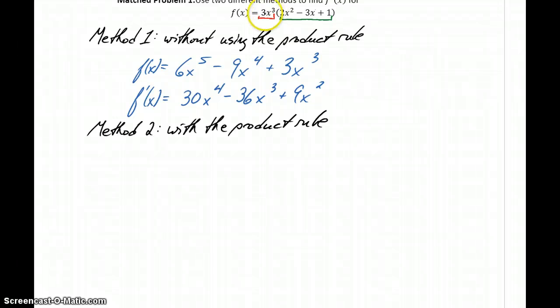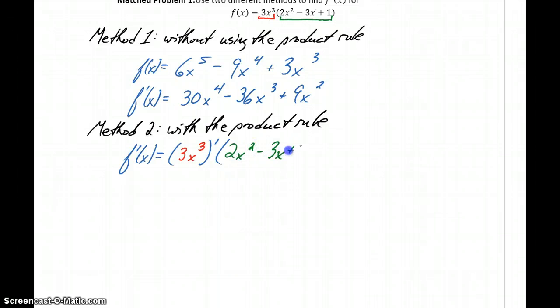So we have our function f of x, which is 3x cubed times 2x squared minus 3x plus 1. So we've got our two functions. The derivative of this function, using the product rule, will be the derivative of our first function, 3x cubed, times the second function, plus the first function times the derivative of the second function.